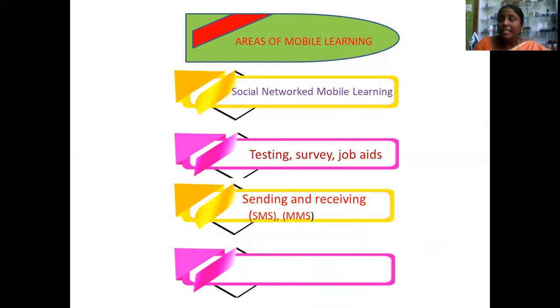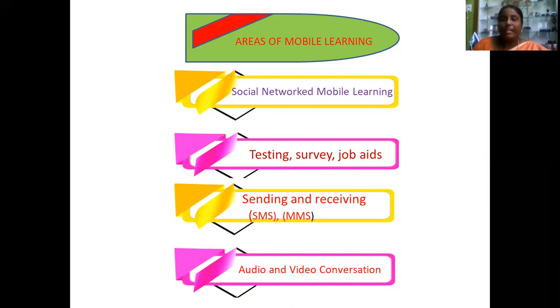Sending and receiving text and picture messages as short message service and multimedia messaging service to multiple learners simultaneously within a short span of time. Audio and video conversation, that is face-to-face interaction of the teacher and students, even when outside of classroom hours.